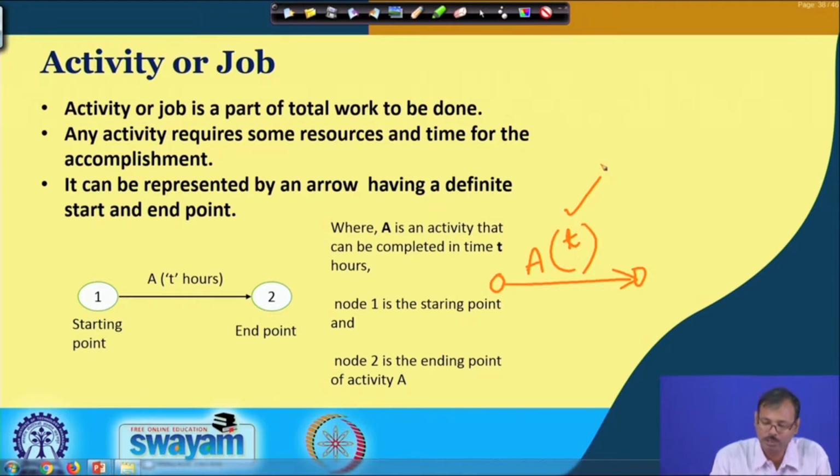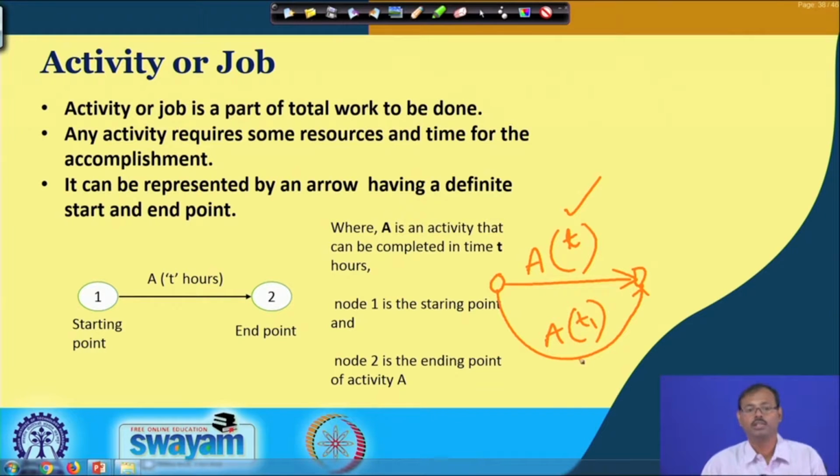The same activity may be carried out using different machinery, that is also activity A, but the duration is T1. So, the activity or job or unit operation is expressed in terms of an arrow which must have a starting point and an ending point, and the arrow shows the activity.